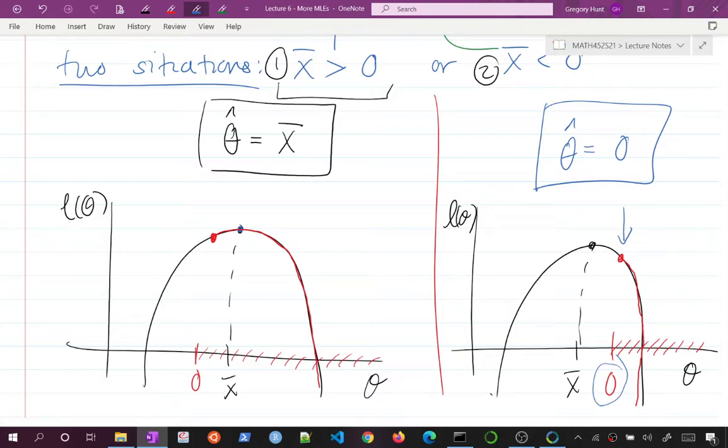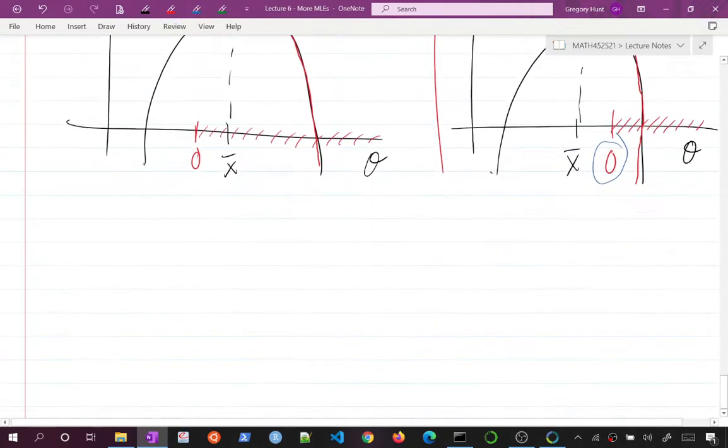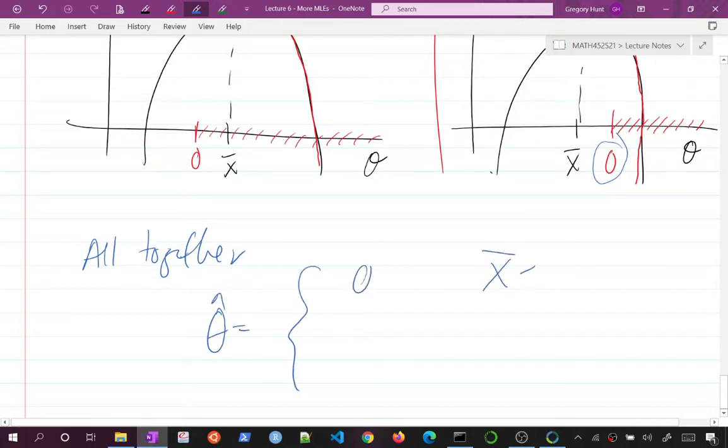Which is kind of unsatisfying, but it does make some sense. So altogether, you could write this as theta hat has two cases. It's 0 if x bar is less than 0, or x bar if x bar is positive.